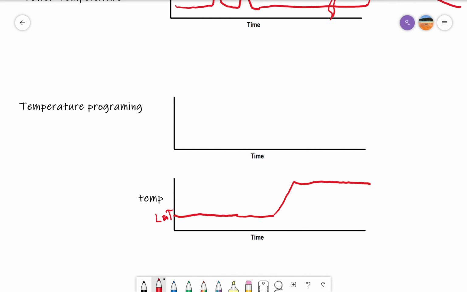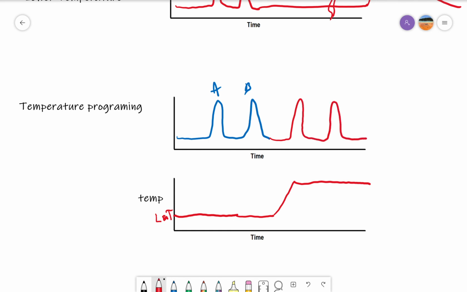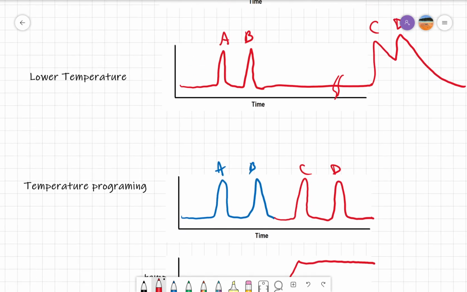In this manner, A and B would be allowed to come off at low temperatures, and then we would ramp the temperature up to a high temperature, pushing C and D off.